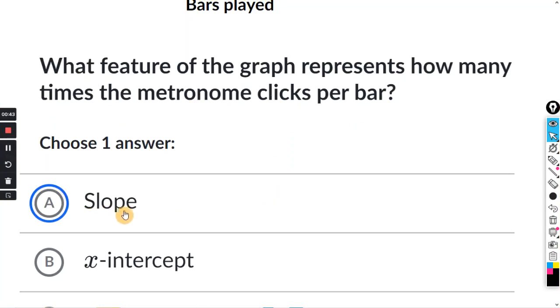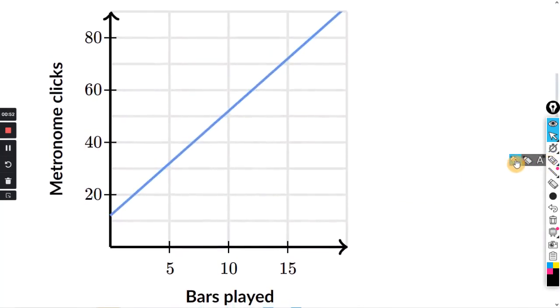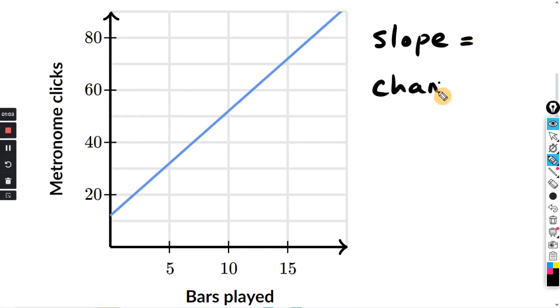The first answer is slope. Let's look at the graph and see what the slope tells us. So we know the slope basically equals change in y divided by change in x.